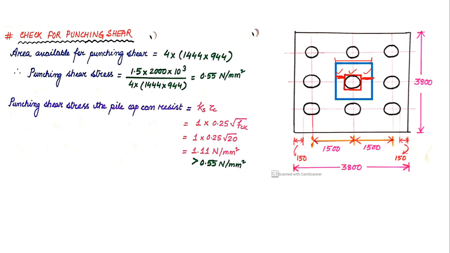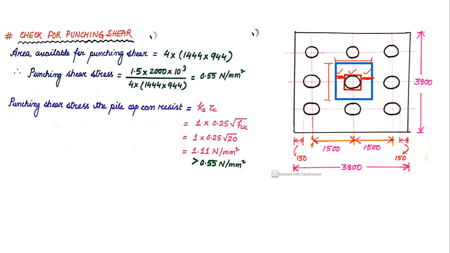So this will give you the total length as 1444. Since this section is a square section, this side will also be 1444, and the depth will be the effective depth, which is 944 millimeter. This is very much similar to the isolated footing.